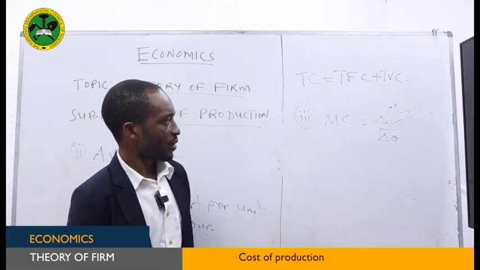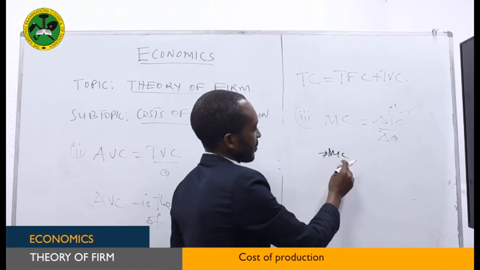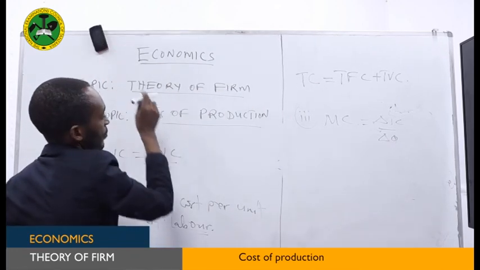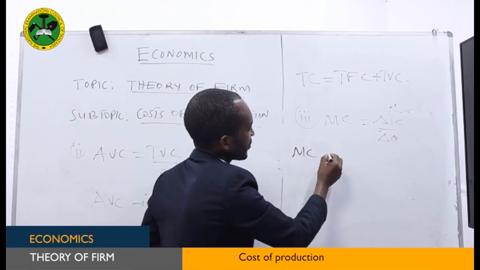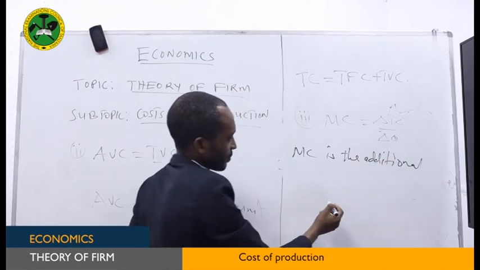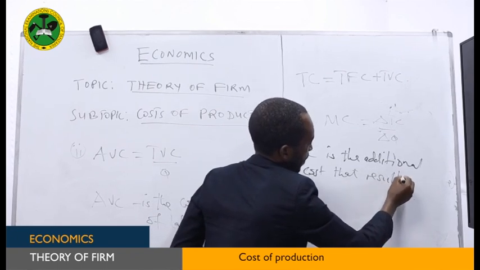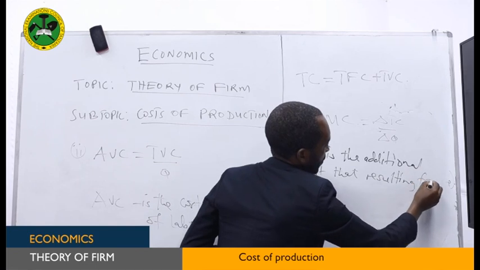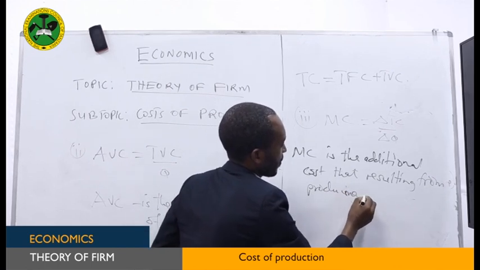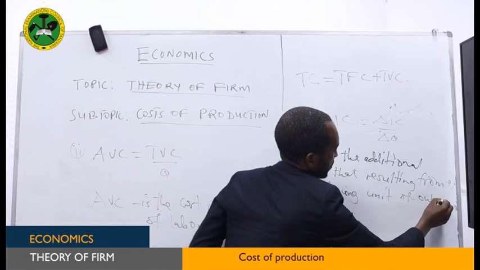So we can define that marginal cost is the additional cost resulting from producing a unit of output.